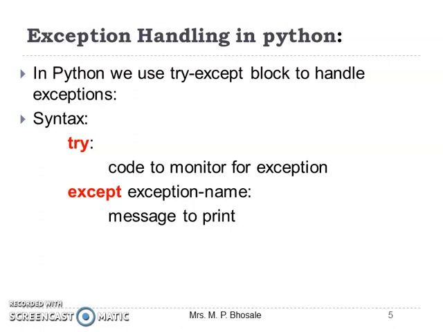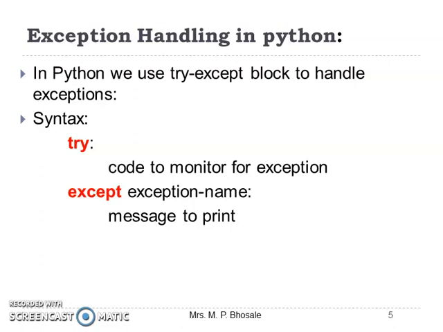So, if you remember, in the try block we write the code that we want to execute, and we can monitor the exception that may occur at the time of execution of that code, and in the except block we can give a message to the user about that exception.